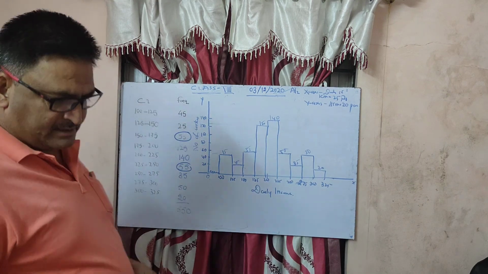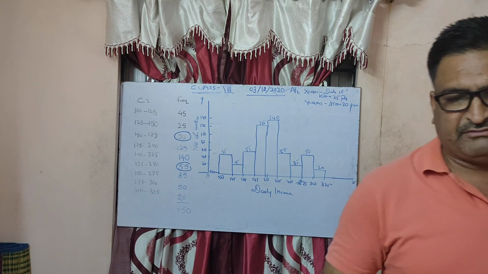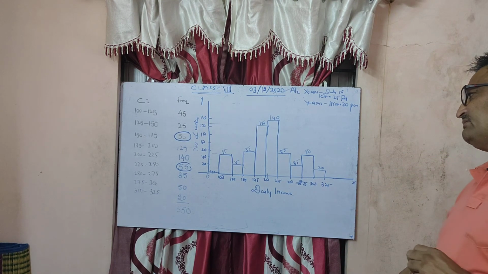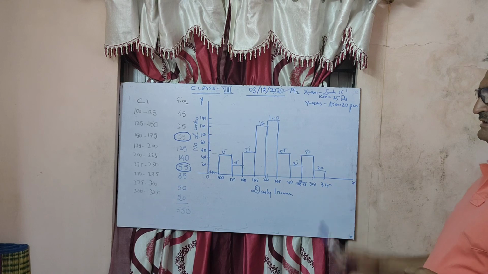This is how the grouped data can be represented in the form of bar graph. This is how you have to write it and solve the examples.